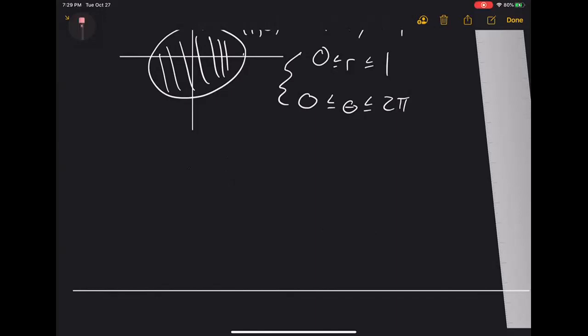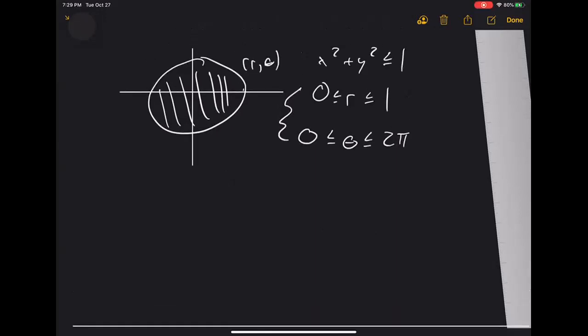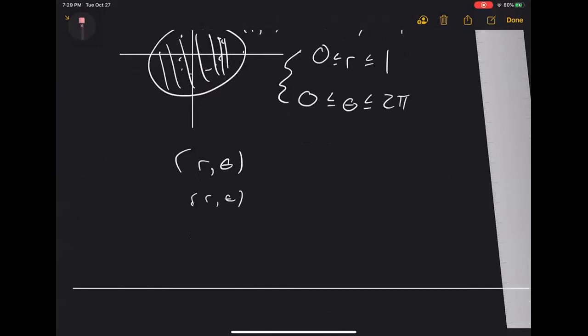But if I'm writing down each point once, I'm going to write down combinations like this, r and theta, and all my r's are somewhere between 0 and 1, and all my thetas are between 0 and 2 pi. So if I take all the possible combinations of r between 0 and 1, and theta between 0 and 2 pi, I'll eventually end up with all my points. That's how I arrive at the bounds.